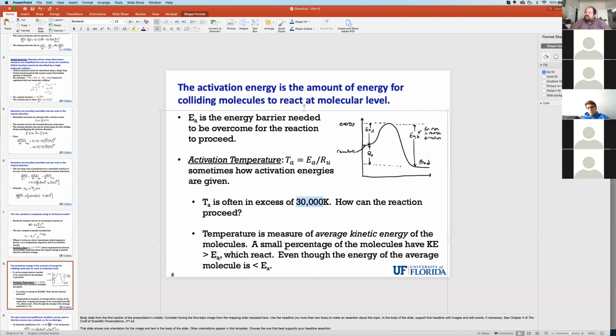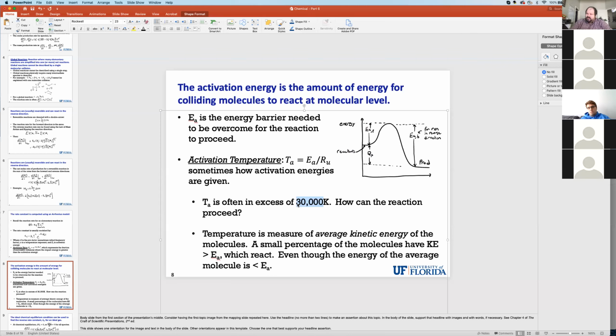And so there's a very small percentage of those molecules where, if you were to convert the kinetic energy into temperature for that one molecule, I mean, that doesn't make sense, but if you were to do that, you would get say 50,000 Kelvin for just that one molecule.